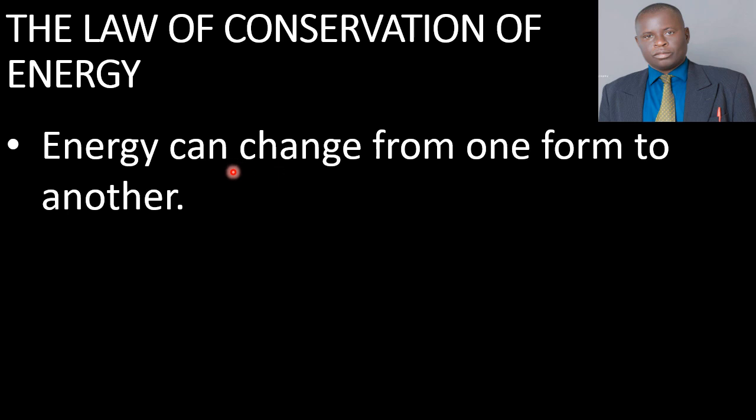You learned that energy can change from one form to another. For example, energy of movement can result in a different form of energy such as electricity. Energy of chemicals, which you call chemical energy, can be changed into a different form of energy such as kinetic. So energy can be transformed from one form to another.